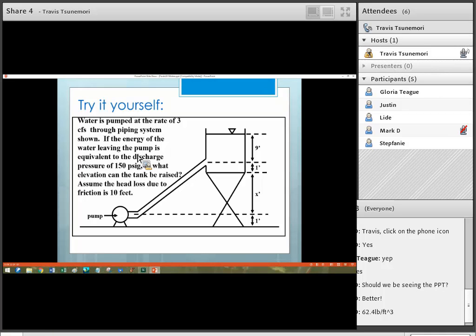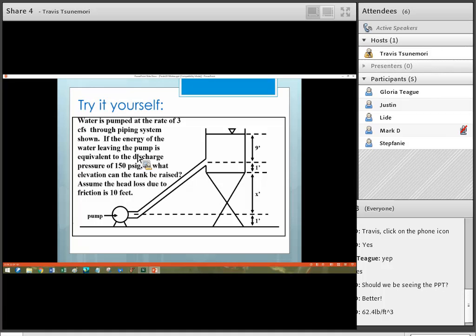So we don't have it drawn, but there's water coming into the pump, it's adding energy to the water, and when the water is leaving the pump, the pressure energy is 150 pounds per square inch.